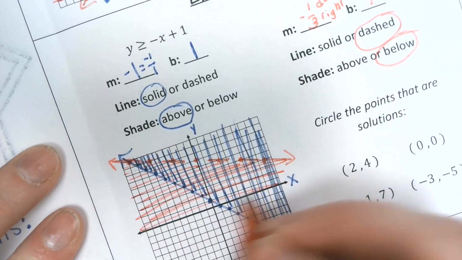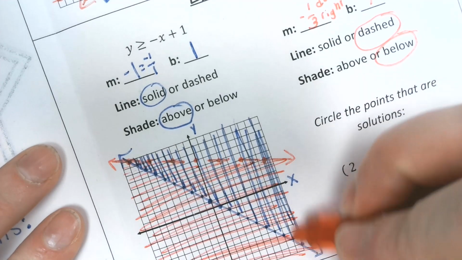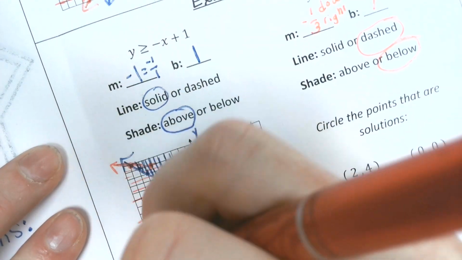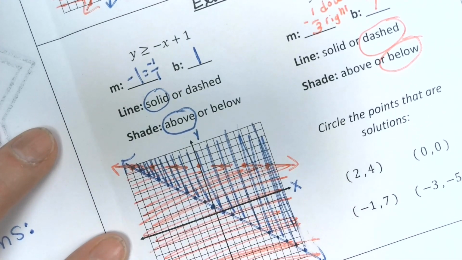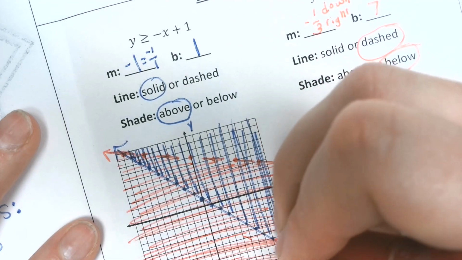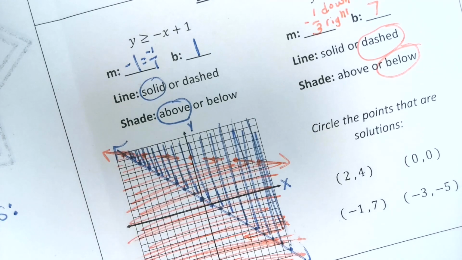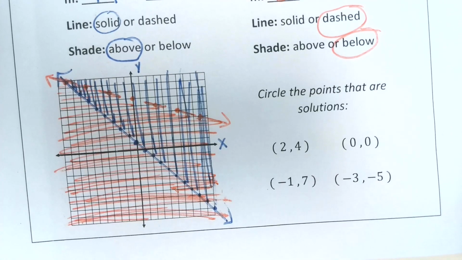So I'm going to do mine like that. Clean up the edges a little bit. Okay, do you see where your solution is? It's in that double shaded region.